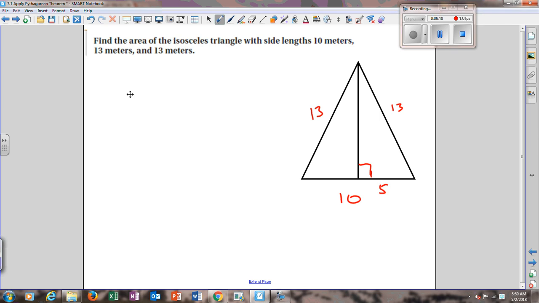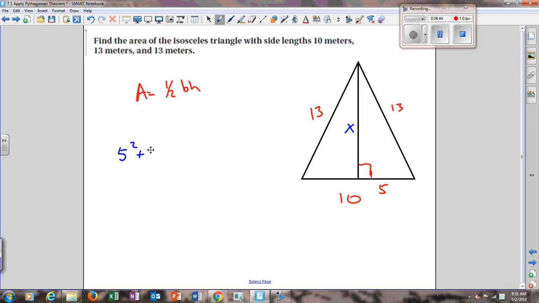If you remember, for finding the area of a triangle, it's 1/2 base times height, right? And so we need to find what the height is. That's our x. Before we can find the area, we have to find that height.